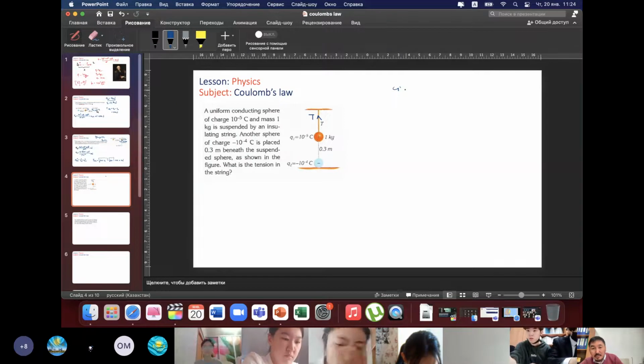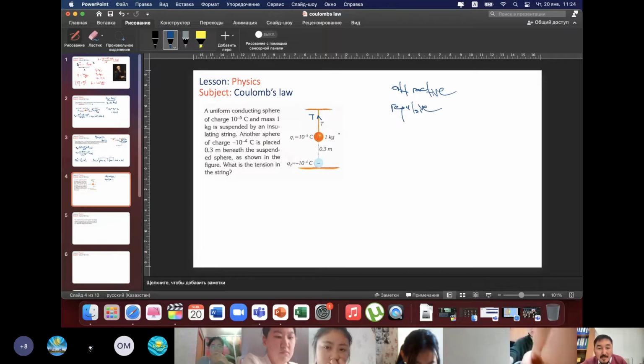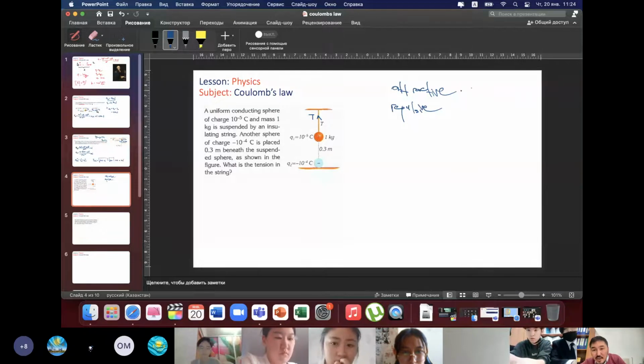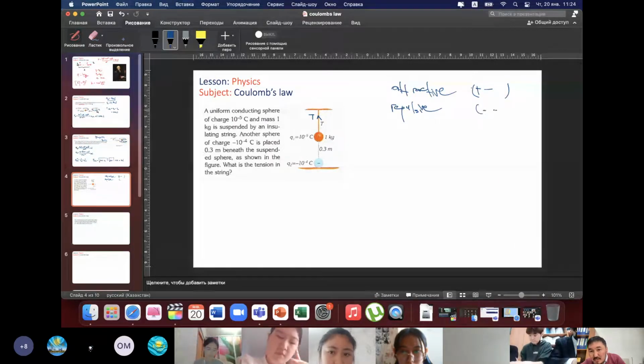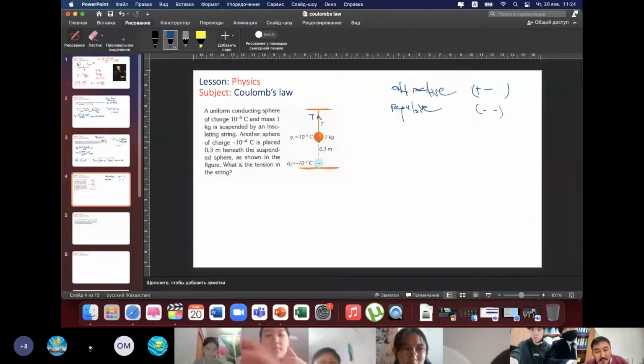There are two types of forces: attractive and repulsive. Attractive is between positive and negative, or between unlike charges, and repulsive between the same charges, between minuses, for example. Here we have attractive, and the second force is mg, the gravitational force.